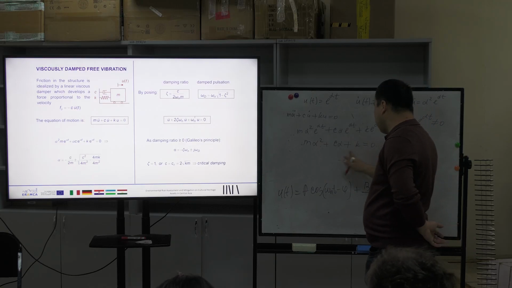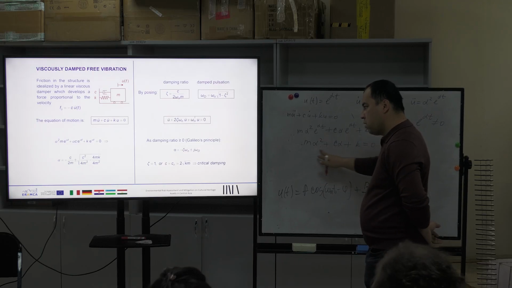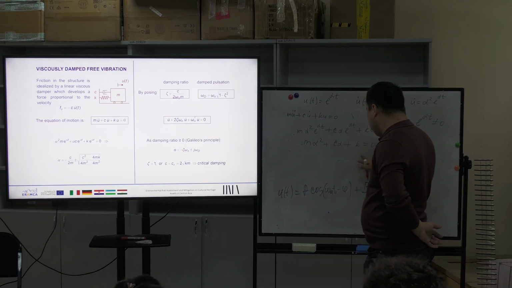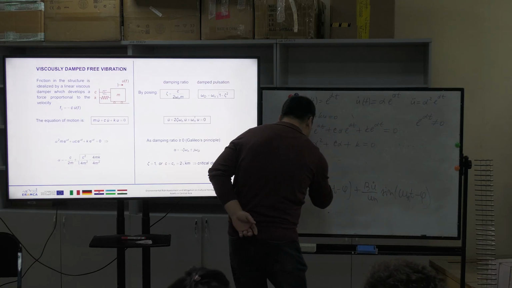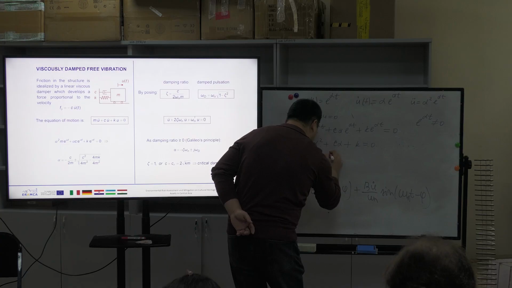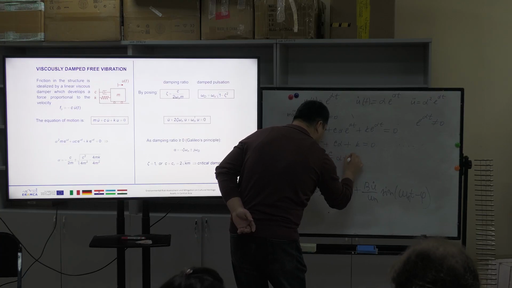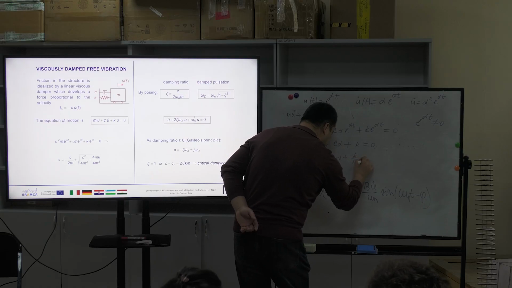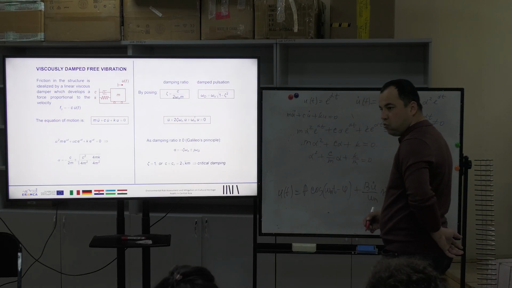The solution of this formulation: if you know, alpha square plus c over m alpha plus k over m is equal to 0, yes? The solution of this one, do you know?